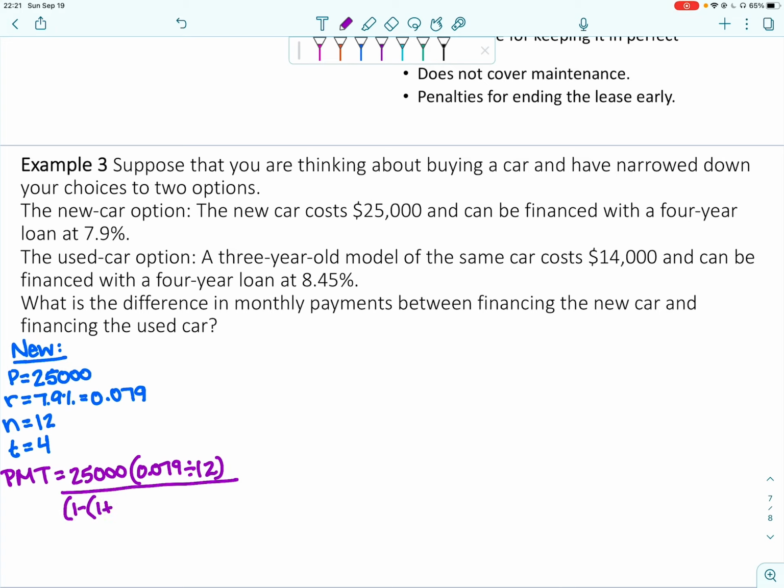So we do this and we get a monthly payment for the new car of $609.15.